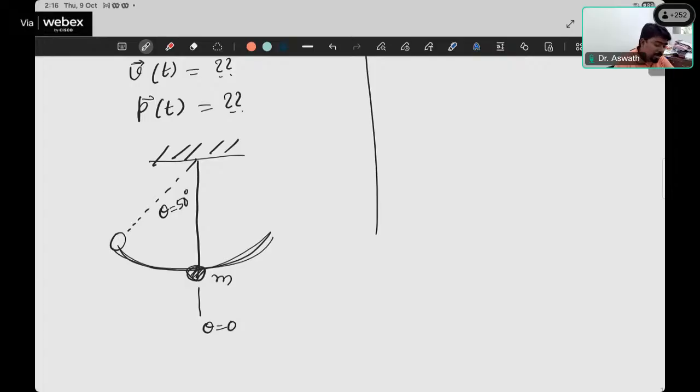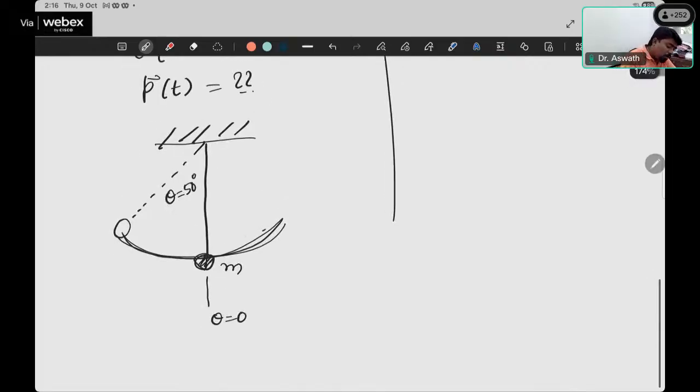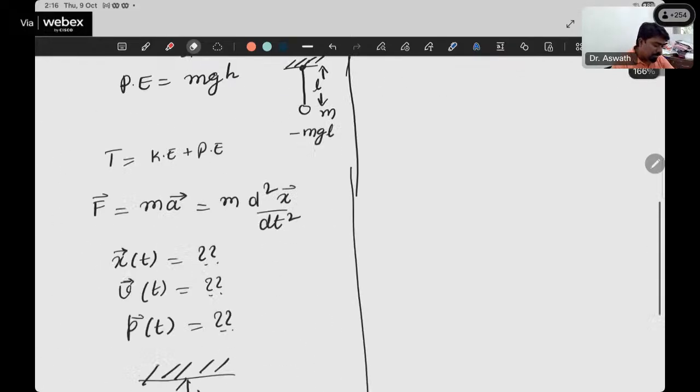Because of that, you are creating oscillations of that object between theta equal to 50 and theta equal to minus 50 degrees, and it makes an oscillation.